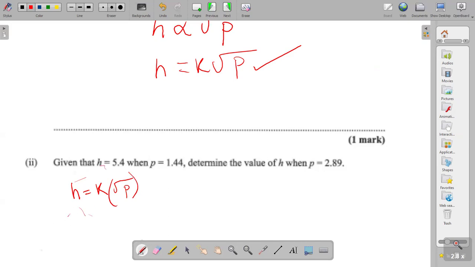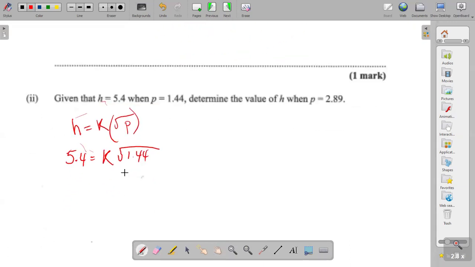They got H is 5.4, so let's substitute. Everywhere you see H, you put 5.4. 5.4 is equal to K, which we don't know, times the square root of P. What's the square root of P? 1.44. Somebody, what's the square root of 1.44? So 5.4 is equal to K times that number.